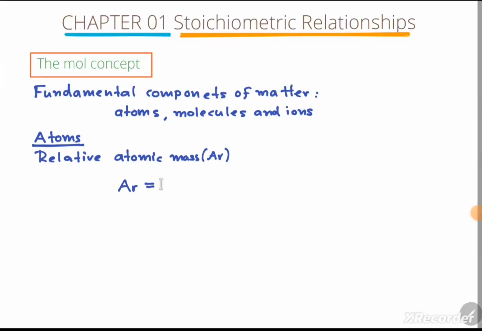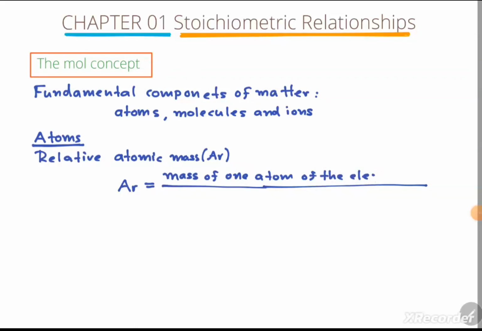AR is equal to the mass of one atom of the element divided by 1/12 of the mass of a carbon atom 12.